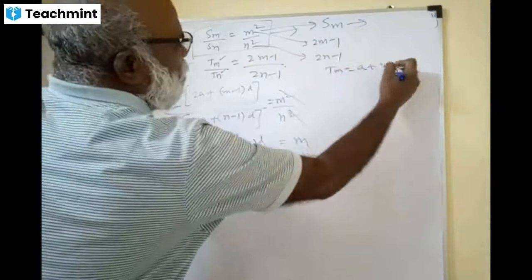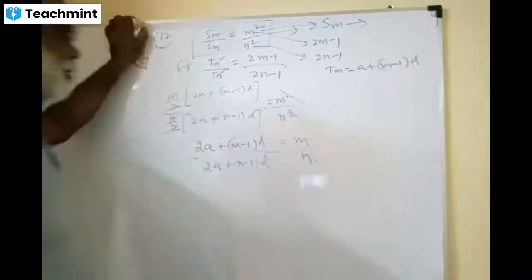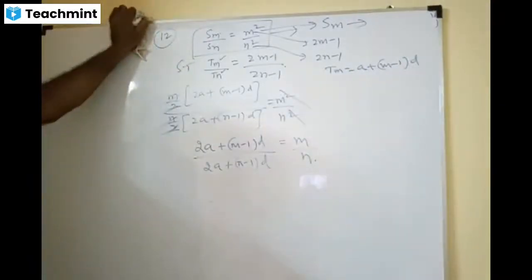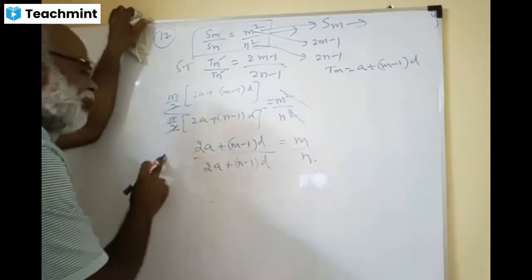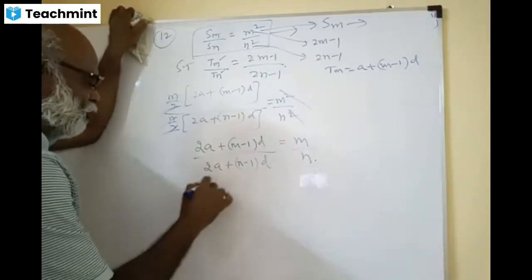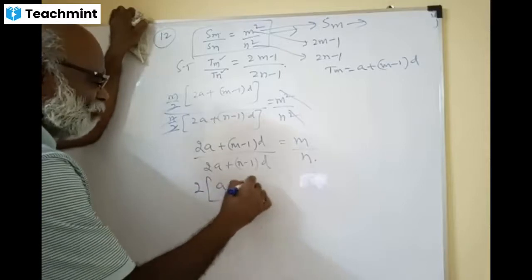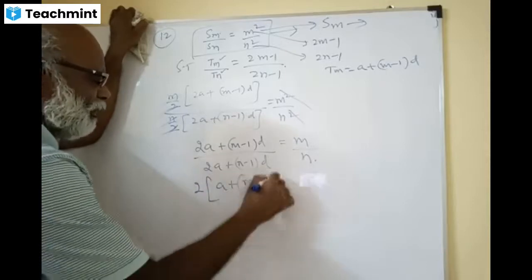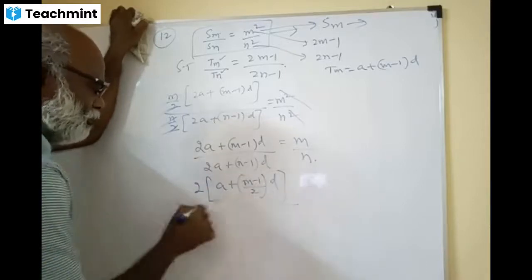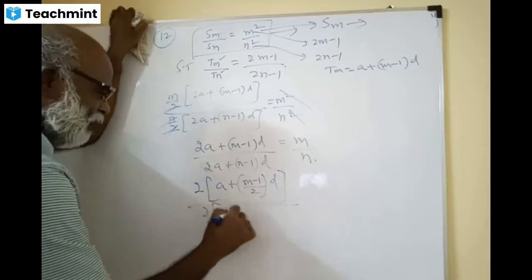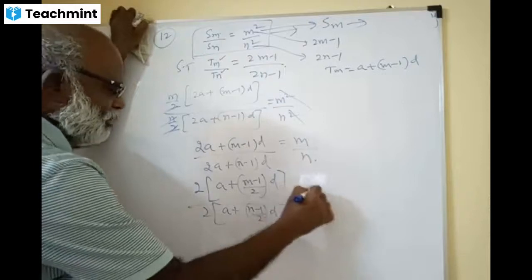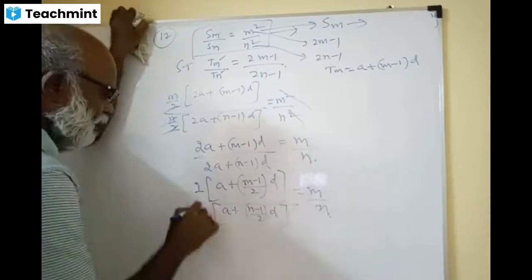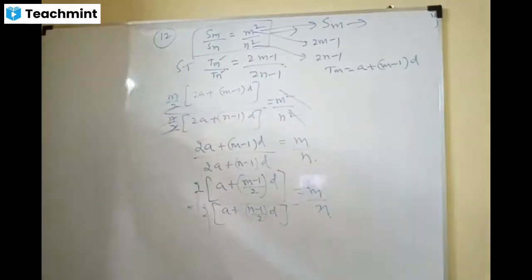A plus m minus 1 into d, right? So you take a 2 out, and you get a plus m minus 1 by 2 into d over a plus n minus 1 by 2 into d, which equals m by n.